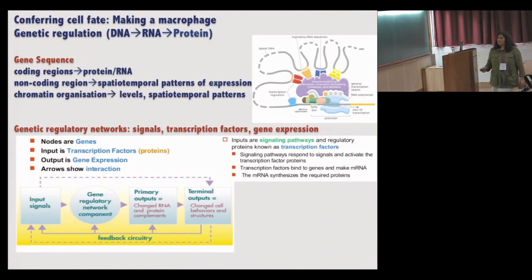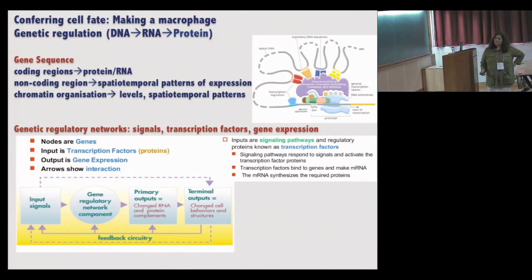So typically, we think of gene regulatory networks. Now I'm going away from the idea of a single gene to the idea of a gene regulatory network, by which I mean you have information that's coming from some, let's say, input signals, that operates on some component of the network to affect changes in RNA or protein of some subset of genes within the genome, which is then necessary to allow changes in cell structure or behavior, right?